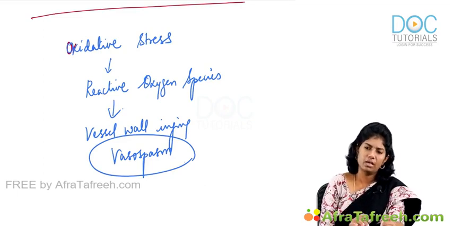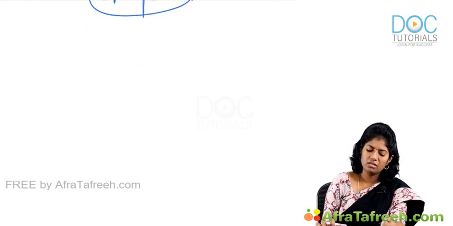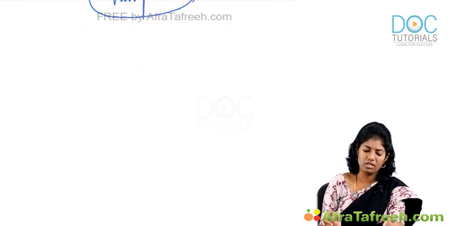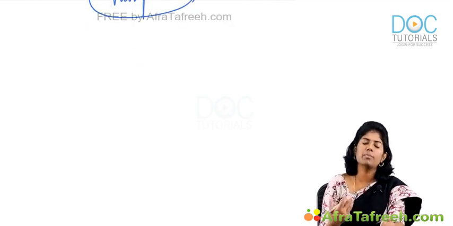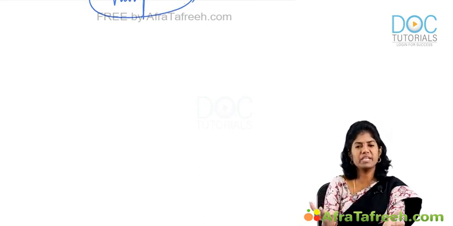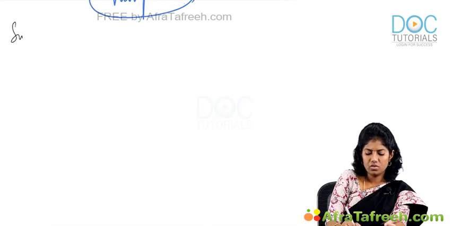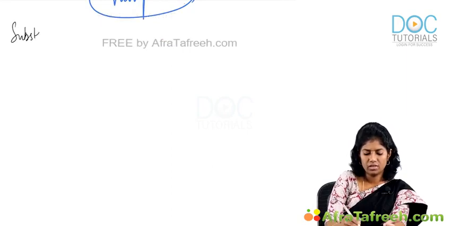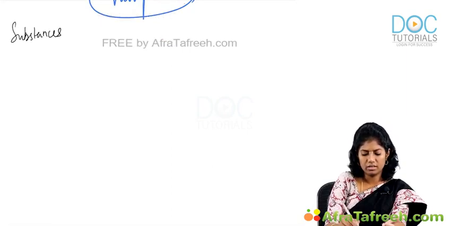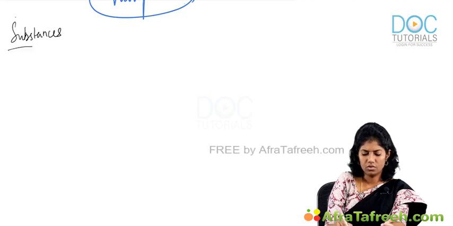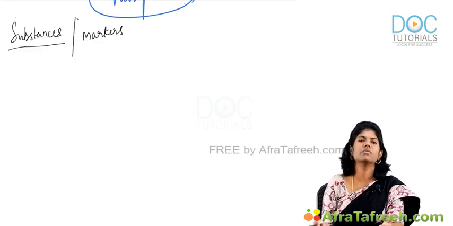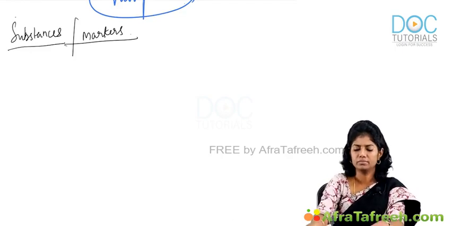Now, we will discuss something about the markers or the substances involved in the pathogenesis of preeclampsia, the promising markers which can be used as predictors in future. So, what are the substances altered in preeclampsia, or the markers of preeclampsia?